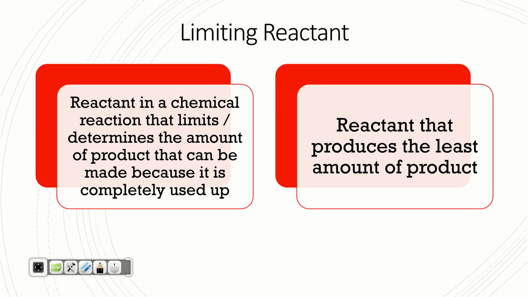So the limiting reactant is the thing that runs out first, and when that runs out, that's where you finish, and that's how much product we're going to have in the chemical reaction. The limiting reactant tells you how much you will produce because it's the first thing that goes away. So that's the limiting reactant.